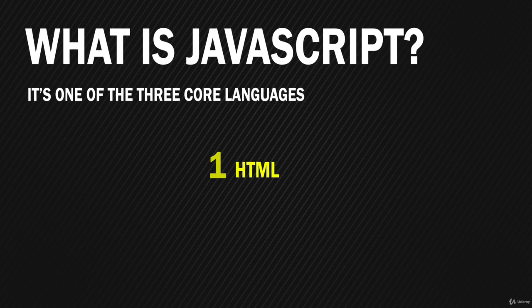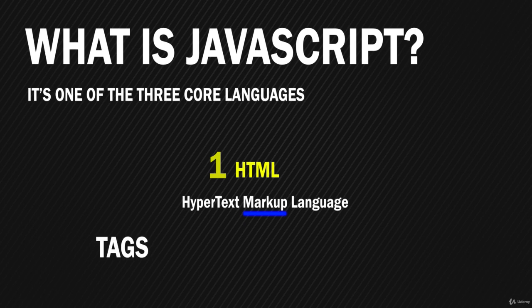HTML stands for Hypertext Markup Language. And what do we mean by markup language? Well, rather than using a programming language to perform functions, HTML uses tags, aka markups, to identify different types of content and the purposes they each serve to the web page. So these tags, these markups, have pretty intuitive names.